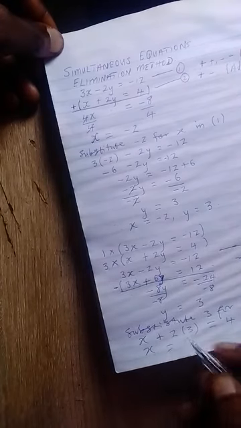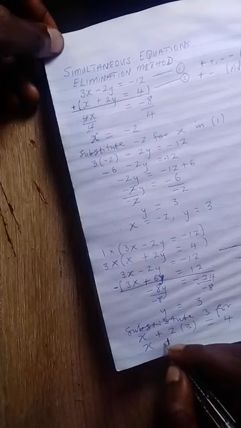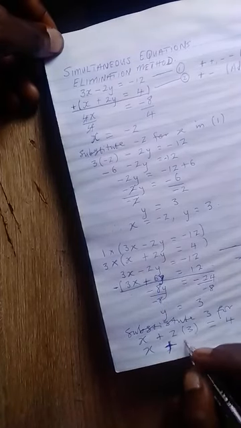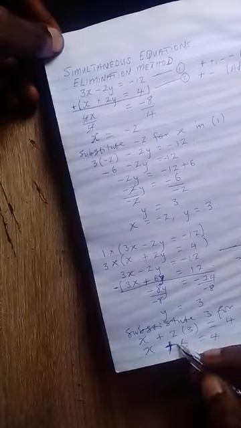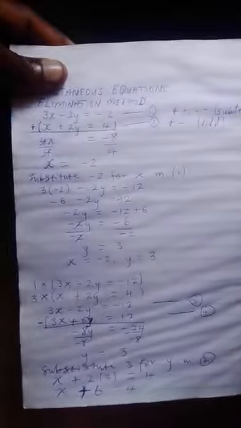So 2 times 3 is 6, x plus 6 equals 4. Let's take the 6 to the other side. It becomes x equals 4 minus 6. So you get x equals minus 2. Therefore your x is minus 2 and your y is 3.